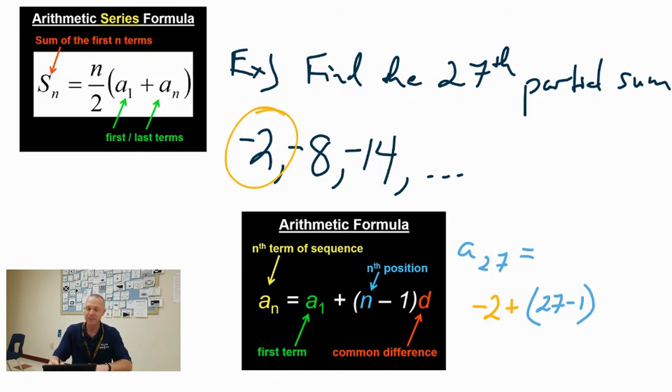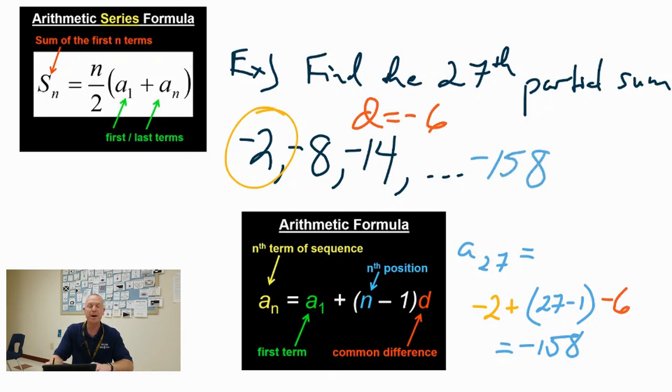And if you look at -2 to -8, or -8 to -14, you should have said that d equals -6. So, okay, I've got my little formula, and I can solve for the 27th number. It comes out to be -158.